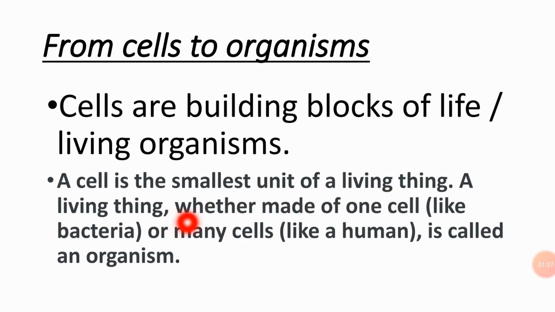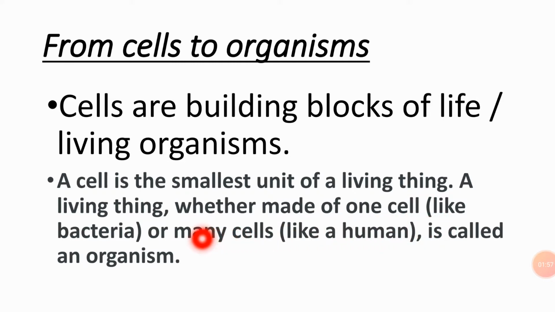All the living things that are made up of one cell are called unicellular organisms, and the examples are like bacteria. Those made up of many cells are multicellular organisms, like a human.